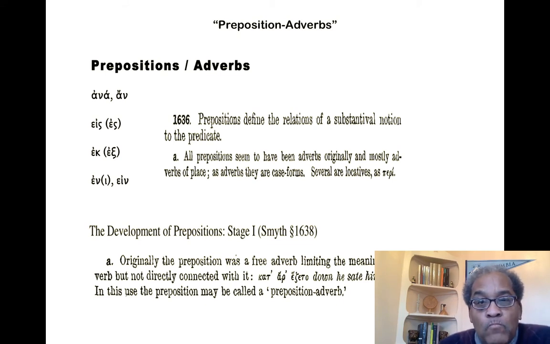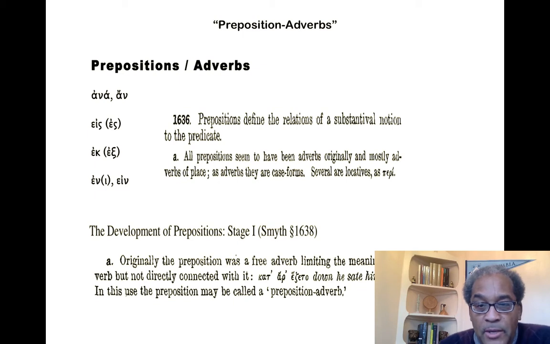So, reading from Smyth 1636, prepositions define the relations of a substantival notion to its predicate. All prepositions seem to have been adverbs originally, and mostly adverbs of place.